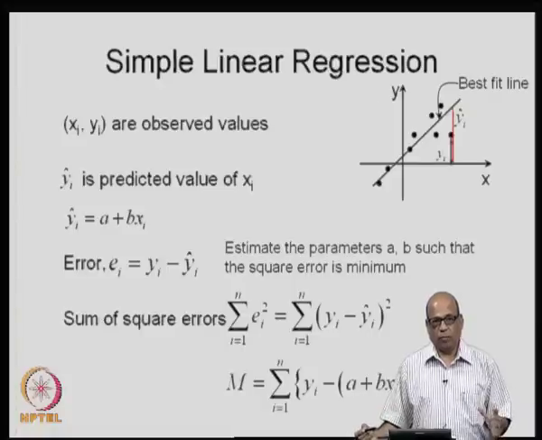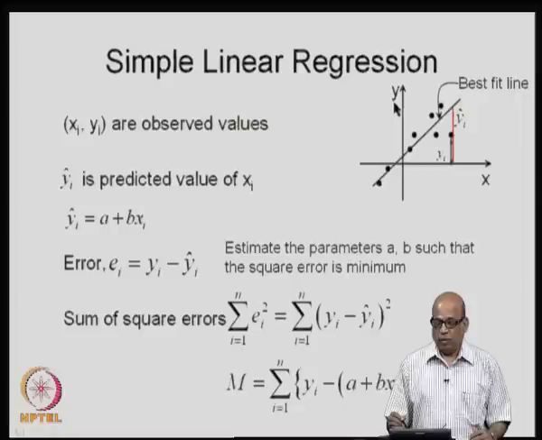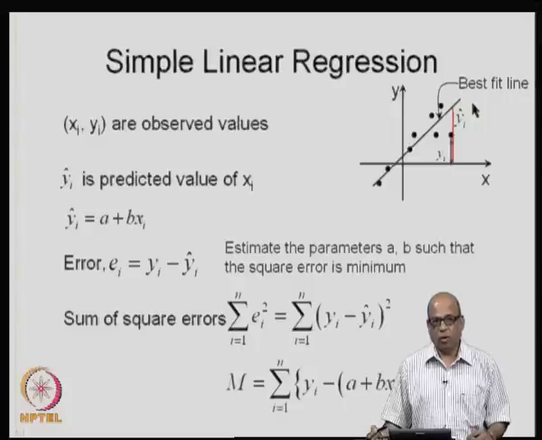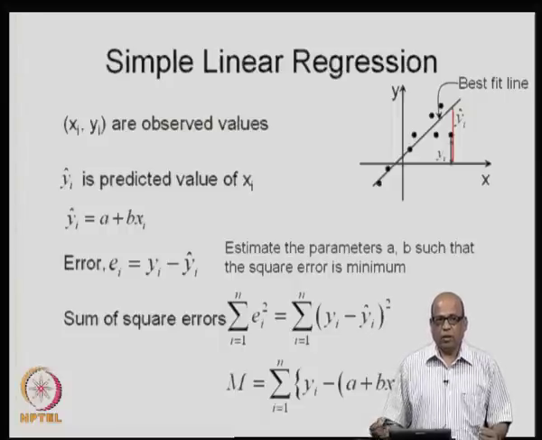For example, runoff is y and it depends on rainfall x1, it depends on let us say the temperature x2, it depends on the catchment slope x3 and so on. So, if the dependent variable depends on more than one independent variable, then it is called a multiple regression. And similarly, if you are fitting a nonlinear relationship, it can be a nonlinear regression, multiple nonlinear regression, simple nonlinear regression and so on. So, first we begin with simple linear regression.